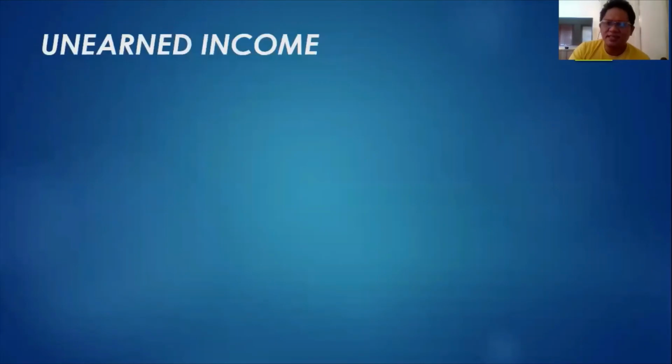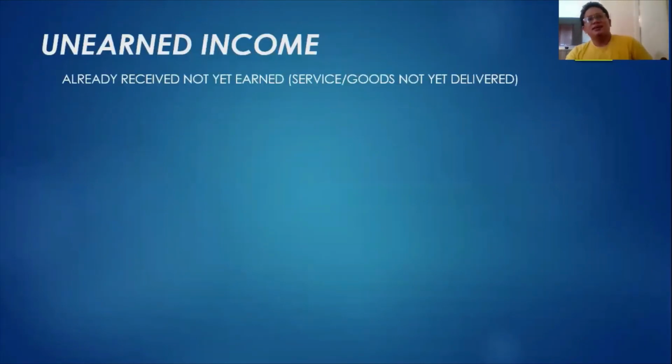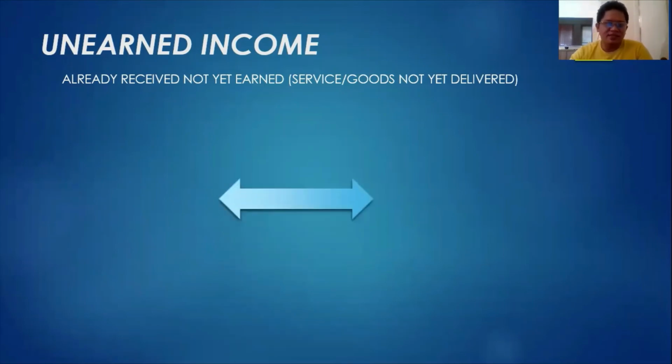Okay, so what is unearned income? As the name suggests, these are income that we have received, but technically it's unearned, so not yet earned. Meaning we haven't delivered goods or services yet to our customers. So the timing is that cash comes in first before the earning process.